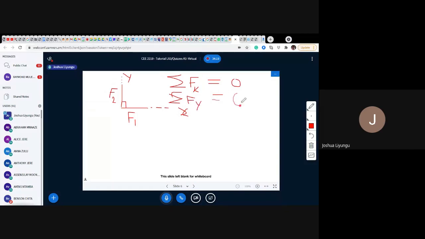Automatically, your F2 has got only one component in the Y, meanwhile your F1 has got only one component in the X. So F1 and F2, they are zero force members. If I extend, then I say there's another force there. Of course, that will be F3.